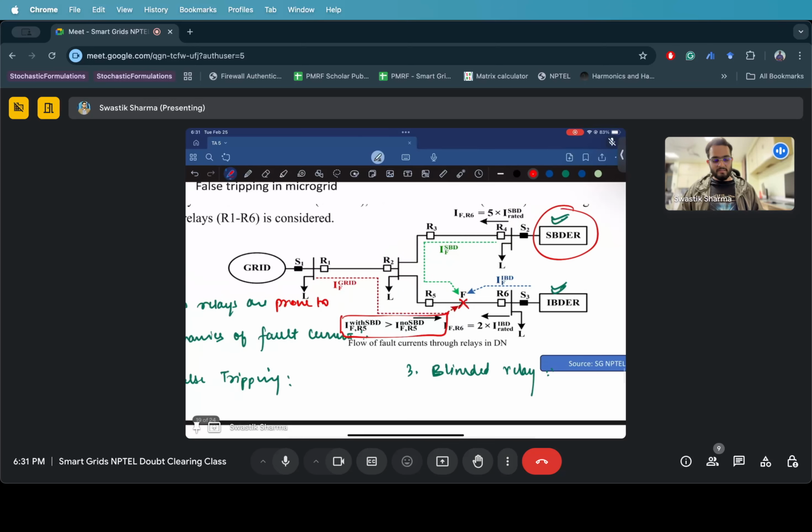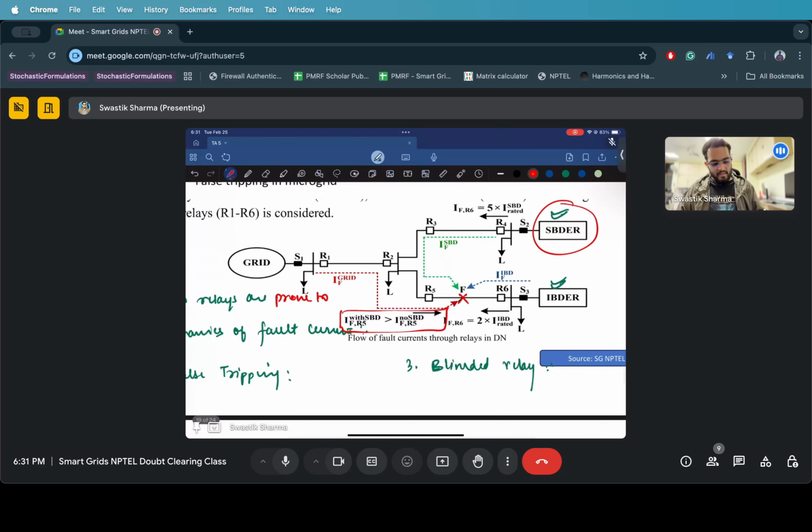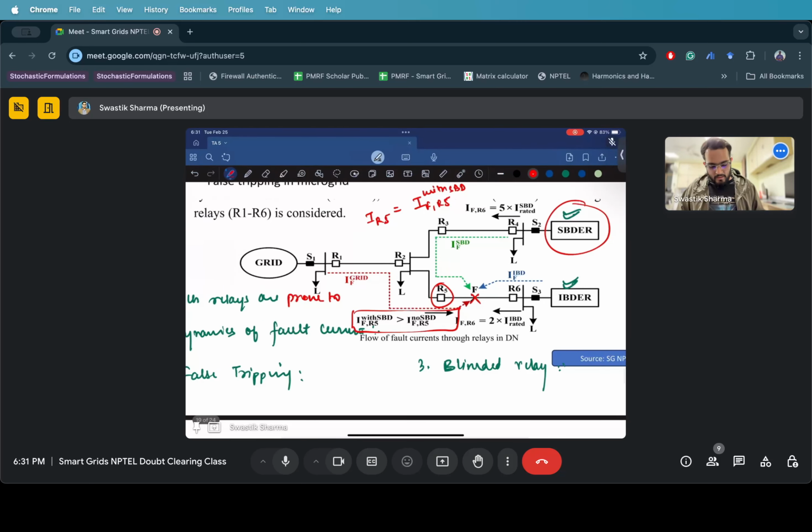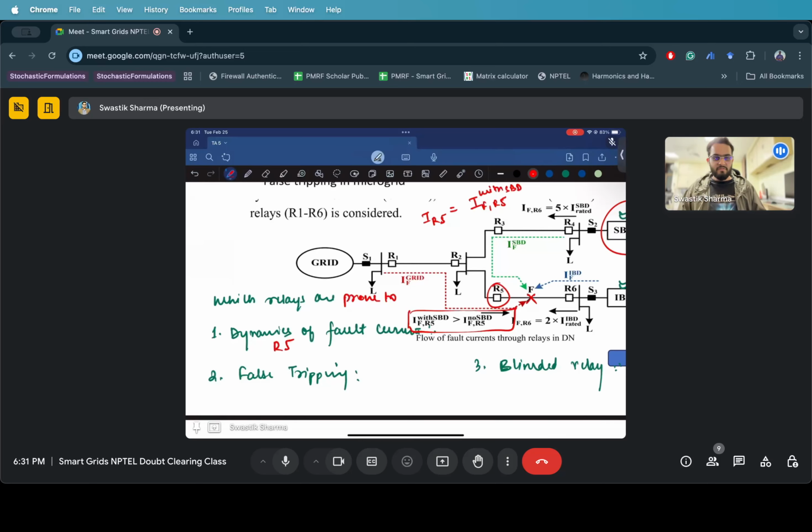The one that is seeing changing dynamics of the DER and other things in the system will suffer the most. Relay 5 will not be able to tell if this has tripped or not, because let's say it's set up for a current IFR5 with SBDR. If it is set to experience this current, it will not be able to sense if this feeder is not connected. So relay 5 is most sensitive to the dynamics of fault current.